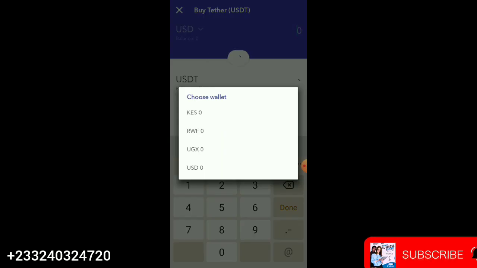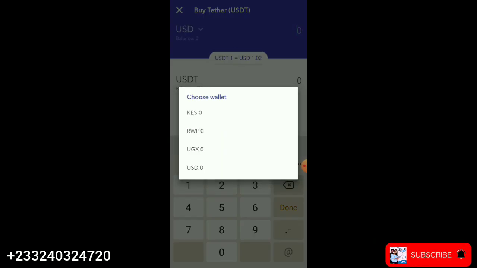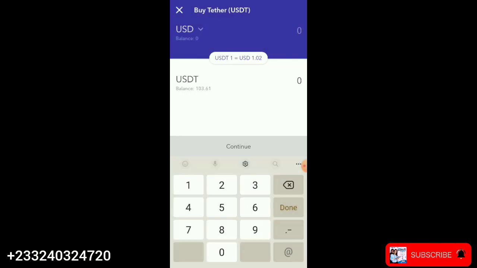Let's say I want to buy 100 USDT, one USDT is equal to 1.02. So if I'm buying 100, I'm not even getting 100 USDT, I'm getting 98.48. They want to get money from it.